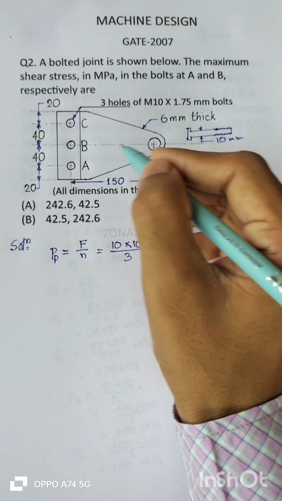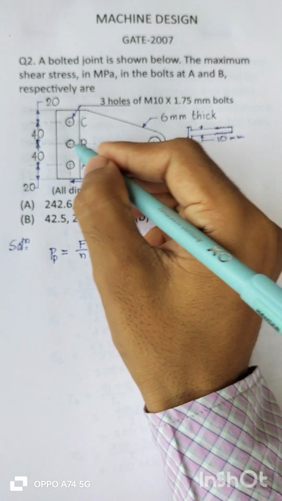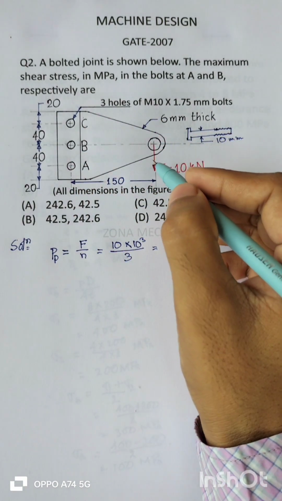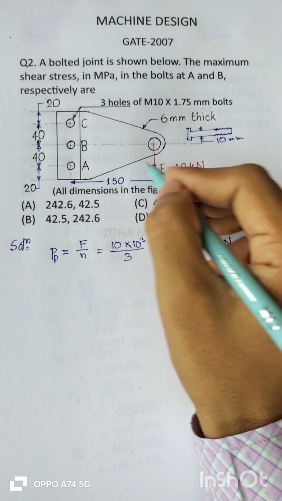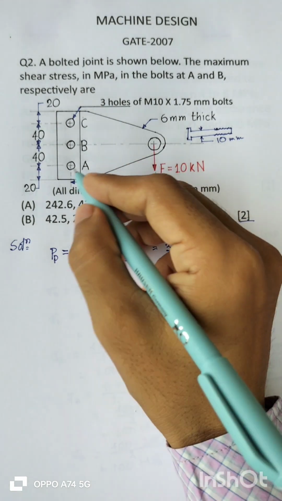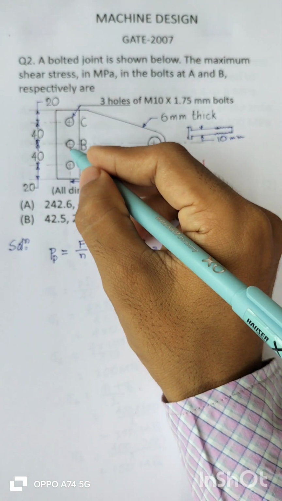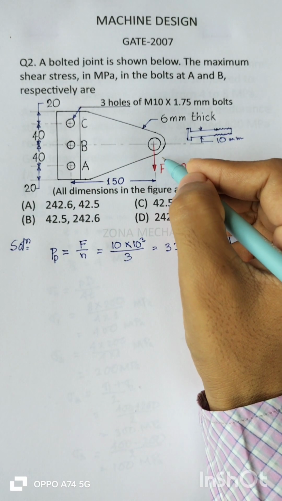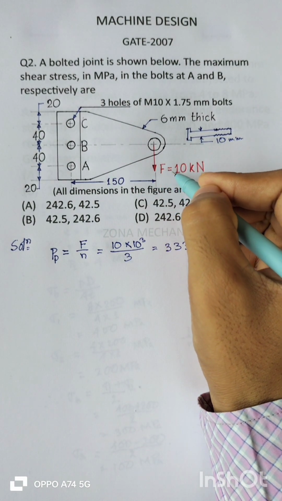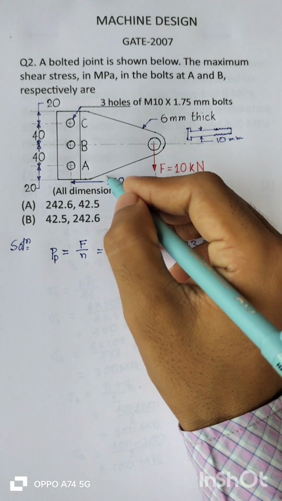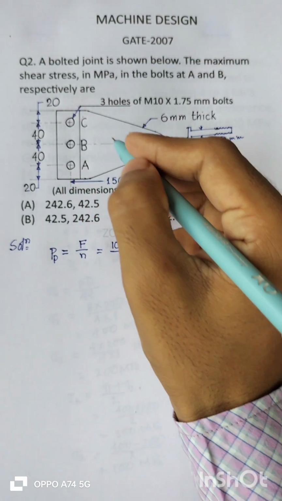So the load is not acting at the CG, it is away from the CG of the bolt system, so it is called eccentric load. So due to this eccentric load, there will generate a moment which is equal to this force into this distance, that is this F into this eccentricity.